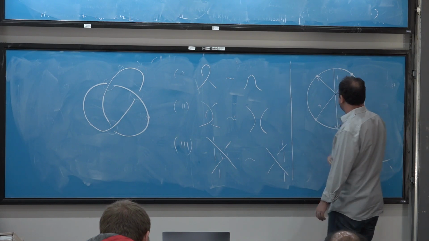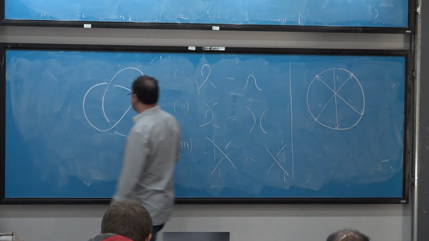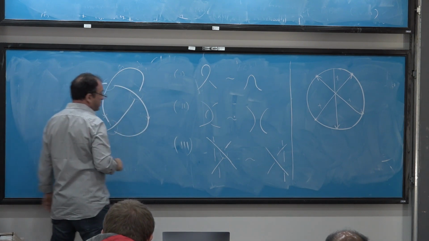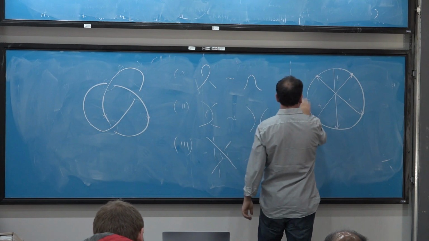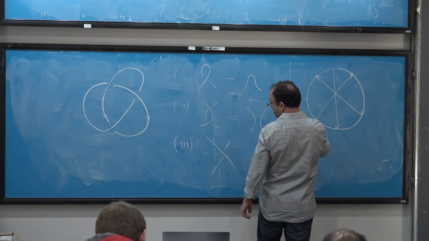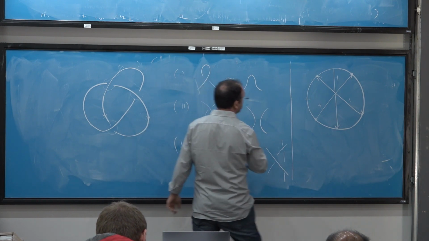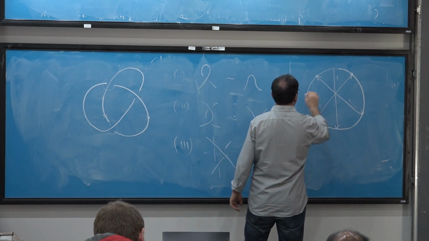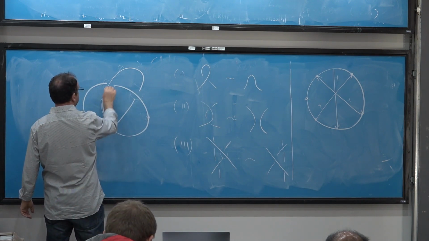So what do these arrows and signs mean? Well, we choose some point here. This circle is thought to be the circle of the parameters for the knot. So we walk along the knot and we register the crossing points.